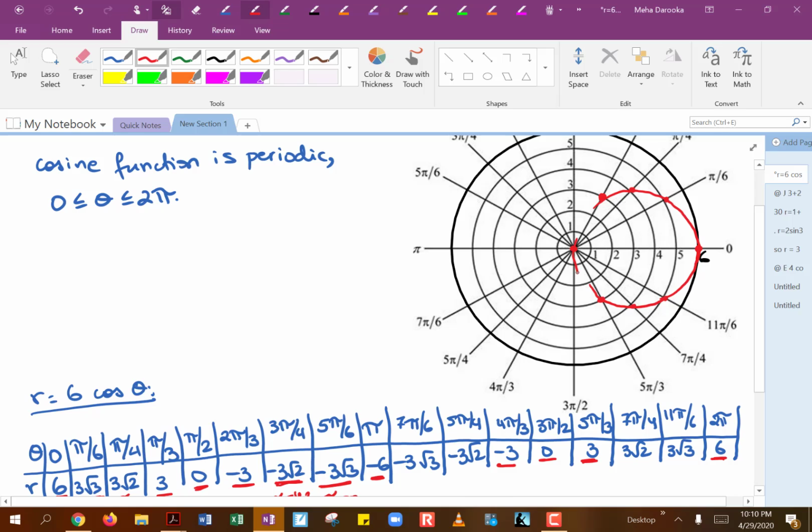It's going to be a little bit off, but basically you should get an idea that this is going to look like a circle if you draw it properly. So basically this is going to be a circle with the center at 3, 0 and a radius of 3 units.